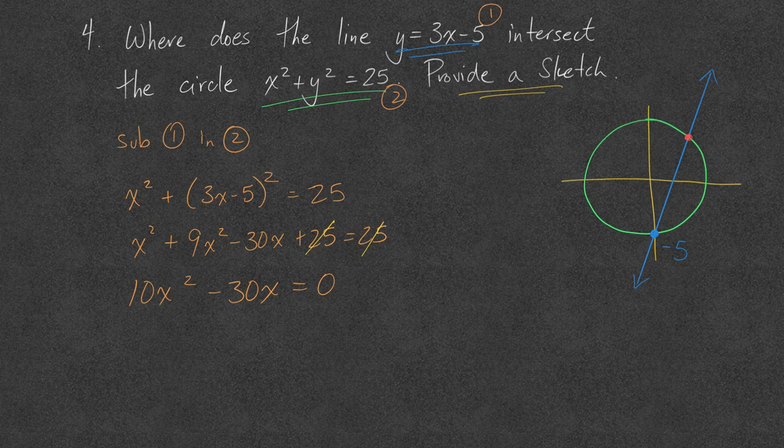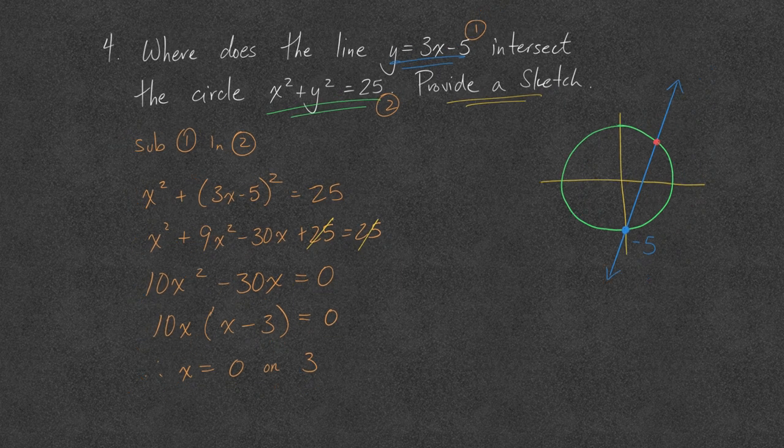I can collect my x's into one variable term, so now I'm going to look to factor. This one works out really well because I can factor it by pulling out a common factor of 10x. That leaves me with another factor of x minus 3. And so I get a solution of x equals 0 from my first factor or 3 from my second.